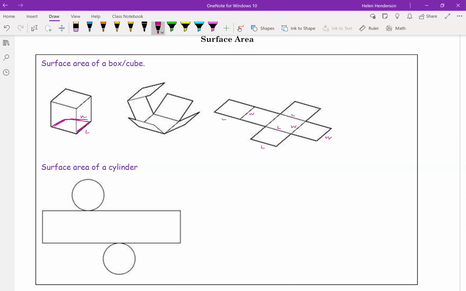Now you notice I didn't mark these other two with lengths because these come from the height, right? If you're unfolding your box, these are the height of the box. All of these come from the height of the box.